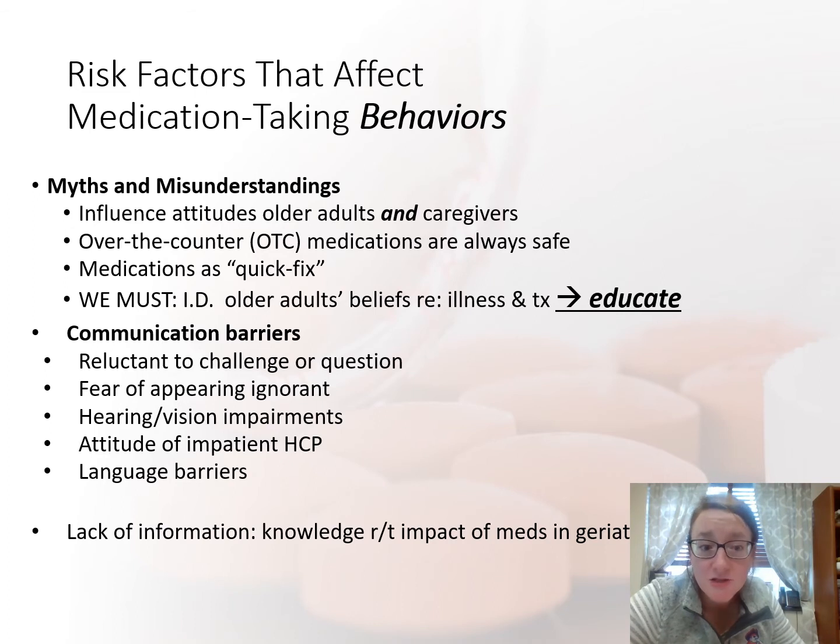So they're reluctant to challenge a prescription that a doctor, a person who is esteemed, tells them to take. Reluctant to defy authority in a way, fear of looking stupid. They also might have some hearing or vision impairments, which are impeding the education that we're trying to do with them, as well as what kind of behaviors or communication is that healthcare provider giving off?